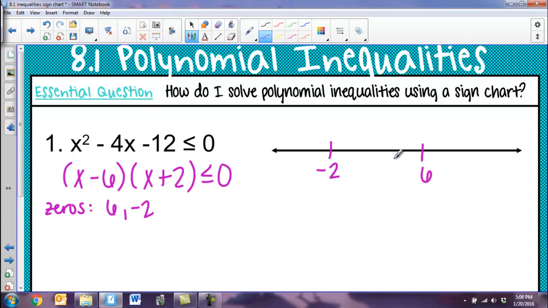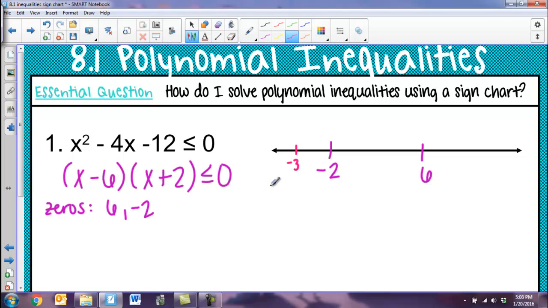So we're going to go ahead and pick some test points for this. These test points can be whatever number you feel like. I tend to try to pick ones that are close to the number that's right there, or like a 0 or something easier to figure out. So I'm going to pick a test point, negative 3. That number is to the left of negative 2, and if I plug it into this original equation, I want to know what sign my answer is.